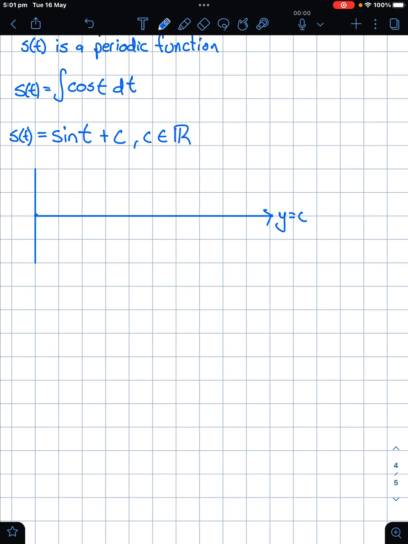So the sine function starts at 0, and then at pi on 2 it's at a max, so it'll be 1 unit bigger, so this will be c plus 1, and then at pi it'll be back at c, then this is at 3 pi on 2, and then over here it will be 2 pi and it's back at c. So we will see this sort of function here, forgive my rough sketch, it's actually come out reasonably well.